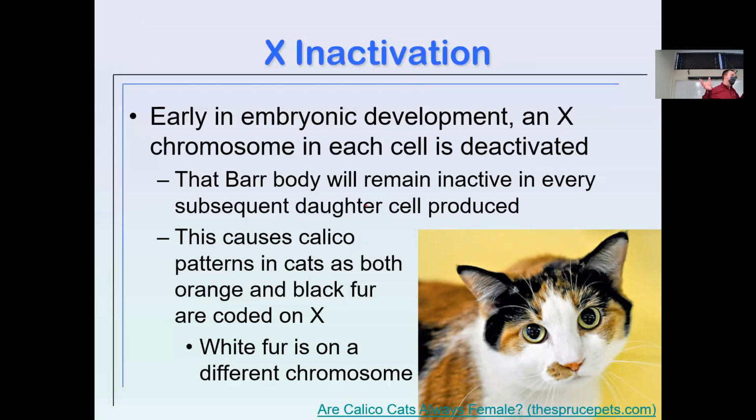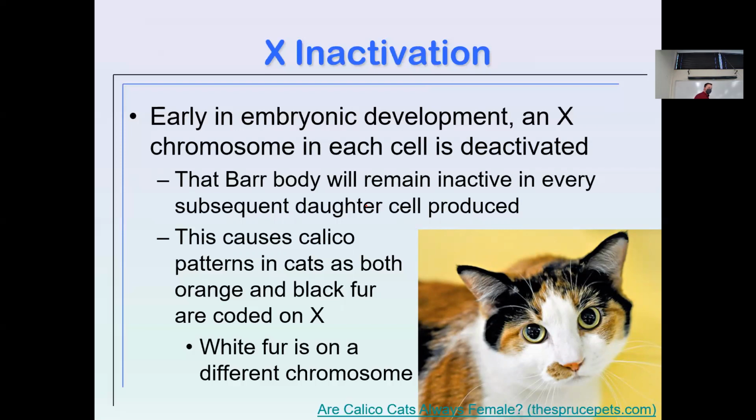So if a cat has one orange X chromosome and one black X chromosome, in some cells the orange X is active, and in some cells the black X is active. The cells where the black chromosome is active will present a black fur color, and the orange will present orange.